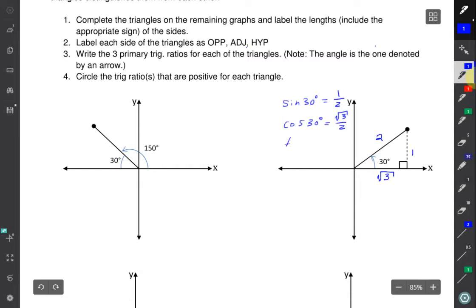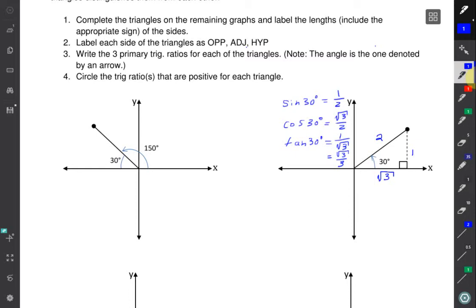The tan of 30 is equal to the opposite over the adjacent, which is 1 over root 3. If we were to rationalize this, this would be root 3 over 3 because we would multiply the numerator and the denominator both by the root of 3.